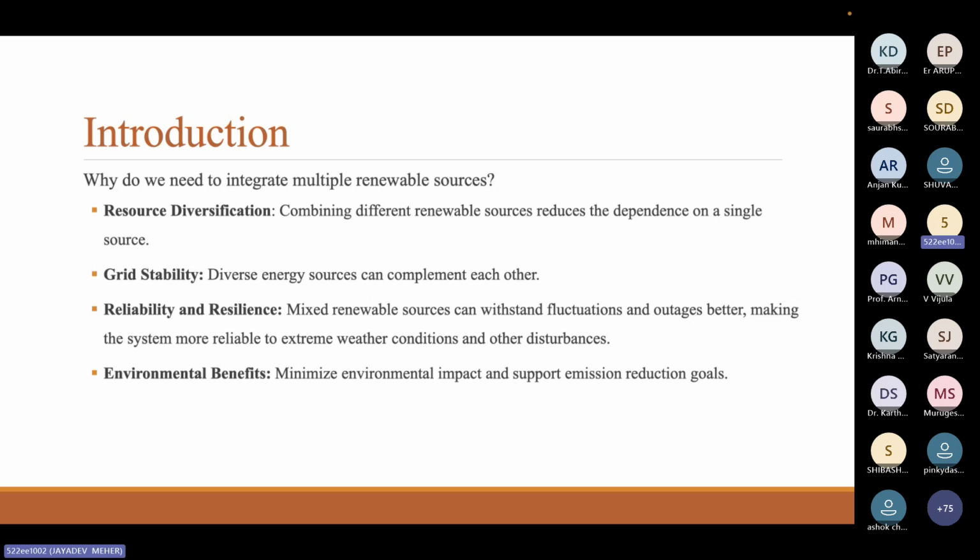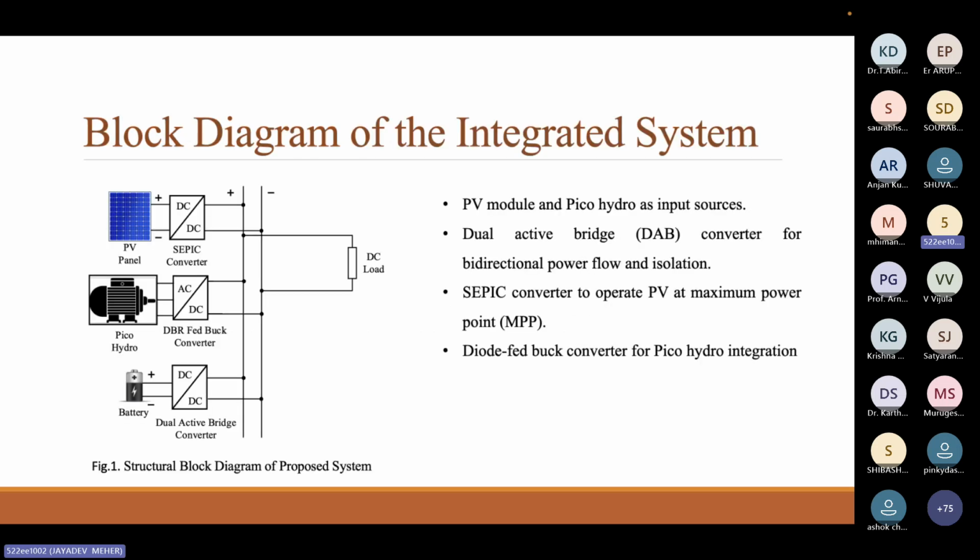These are the few points. Then this is the overall block diagram, on which I will give an experimental demonstration. In this case, we are using a PV panel, Pico-hydro and a battery as input sources, and they will be integrated to the DC link through specific converters.